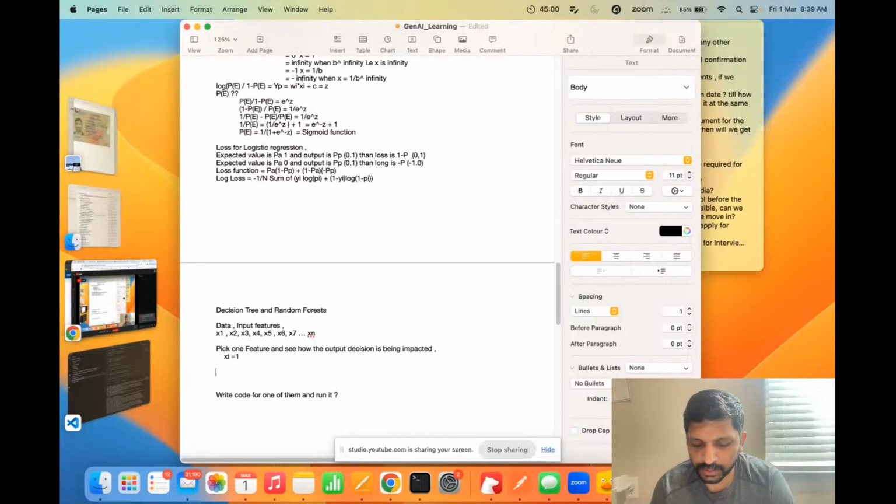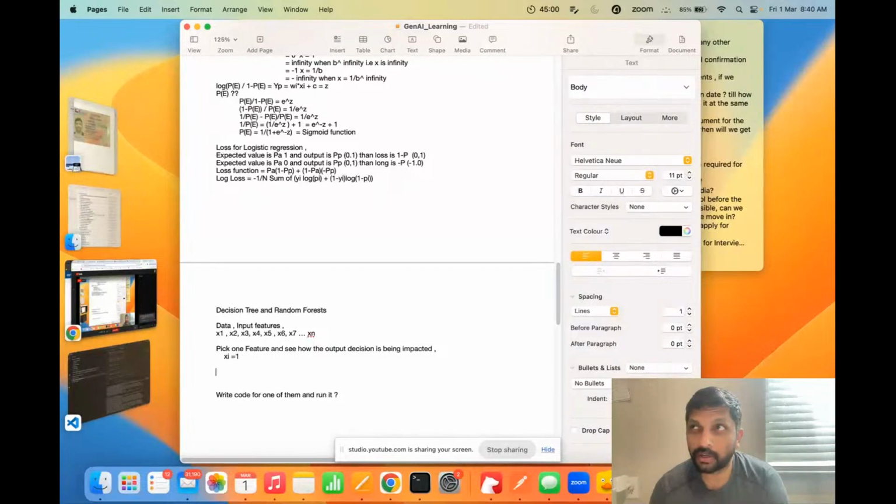You consider a data set where you have all the points available, and you predict. Logistic regression is nothing but you draw a line and then you map that line's points to probabilities.